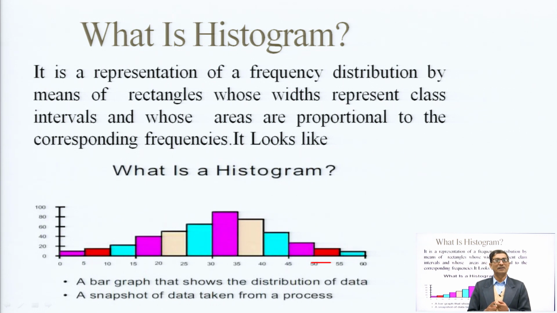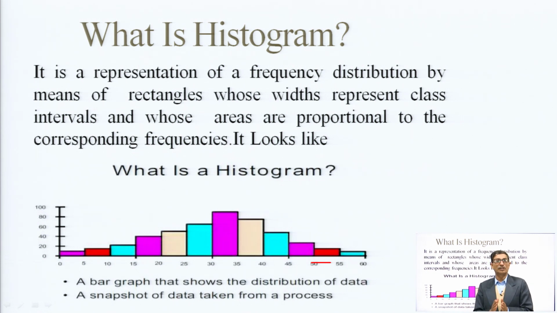So, a histogram is a representation of frequency distribution by means of rectangles of a continuous variable, and the area of the rectangle represents the data.